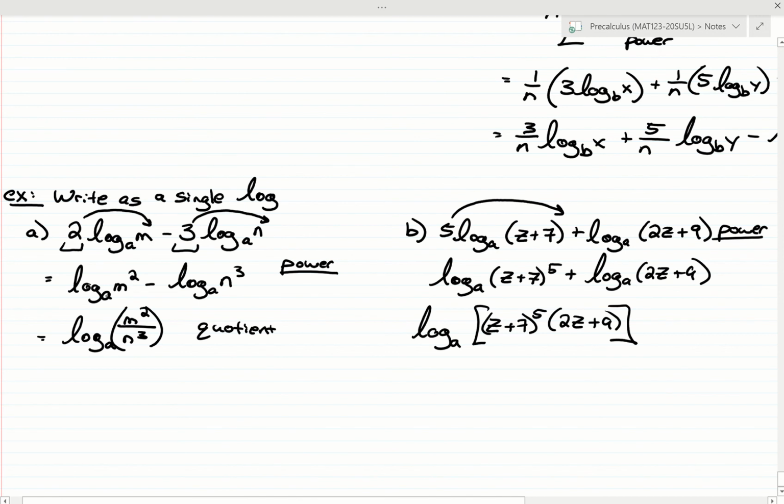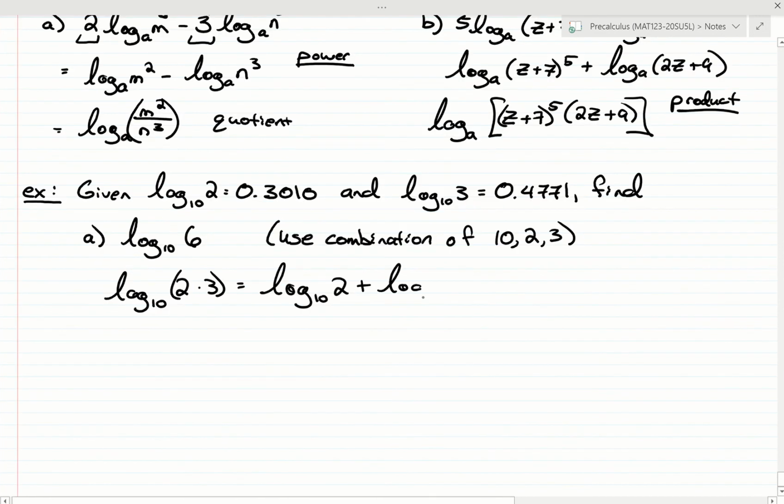Well, I mean, this one's pretty easy. 6 is just 2 times 3, right? So using the product property, we could write this log base 10 of 2 plus the log base 10 of 3. And we know what those are because they're up here. Log base 10 of 2 is just 0.3010.